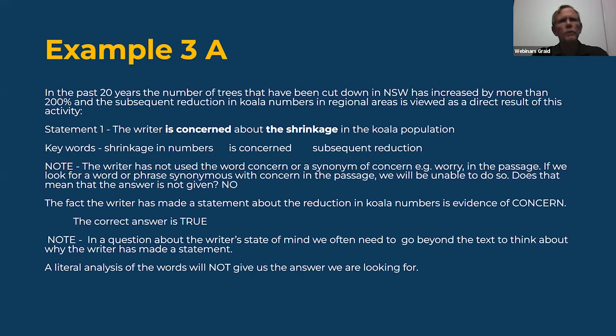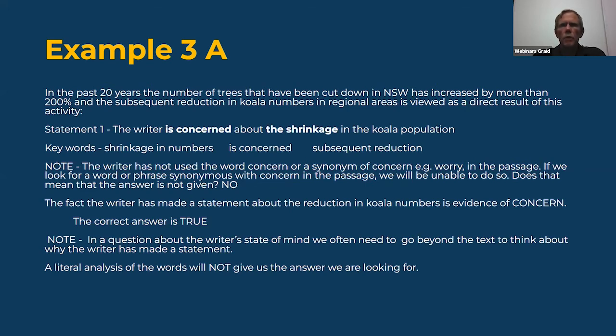Now, our statement is a little different here. Here we have the writer is concerned about the shrinkage in the koala population. So we need to think about the word shrinkage in numbers or the phrase. What does it mean? And what does is concerned mean? And of course, what about a subsequent reduction.